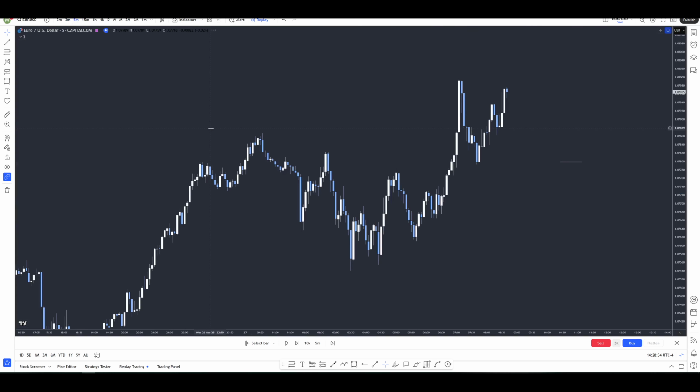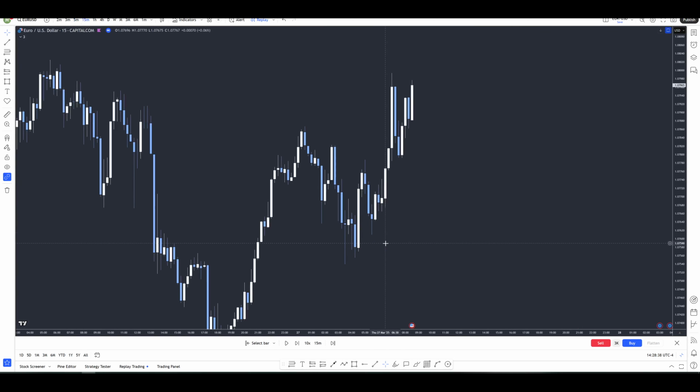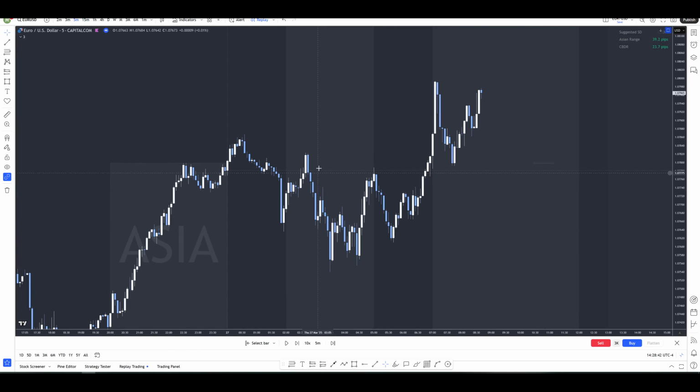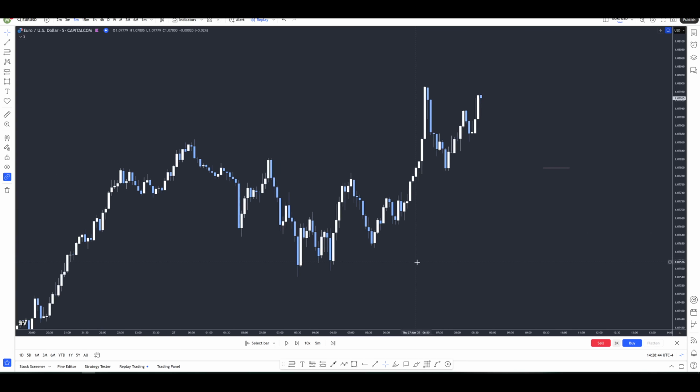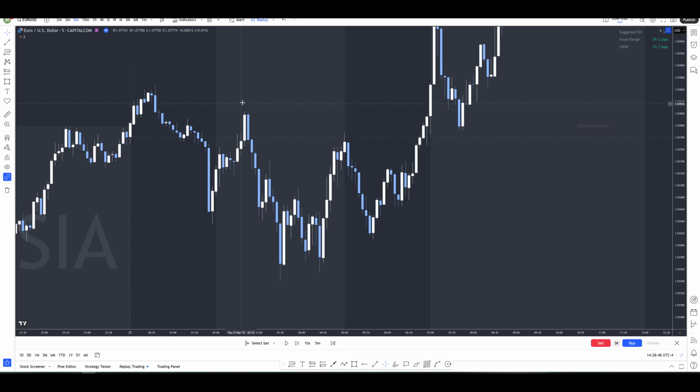What I also do, instead of the 15-minute fair value gaps, I take a look at the 5-minute. I also watch 5-minute fair value gaps. So this was a trade lower, the first trade lower, and what that first trade lower also created on the 5-minute was this fair value gap right here.